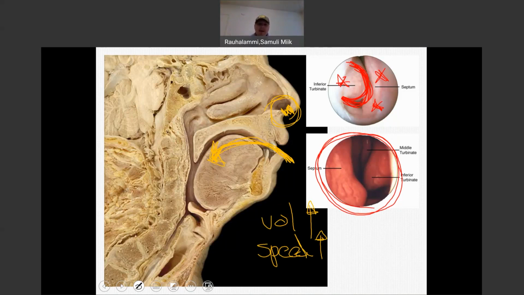So let's talk a little bit about the nasal cavity and some of the first structures that we're going to see there. So first of all, we remember that the entire nasal cavity was lined with our nasal mucosa.